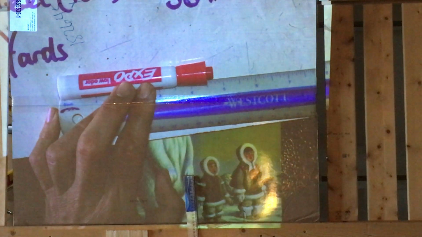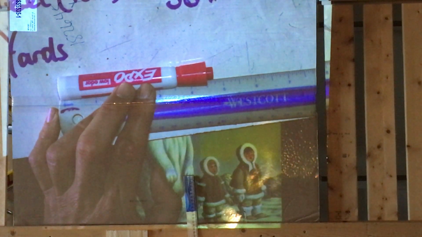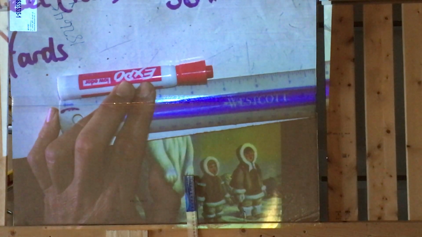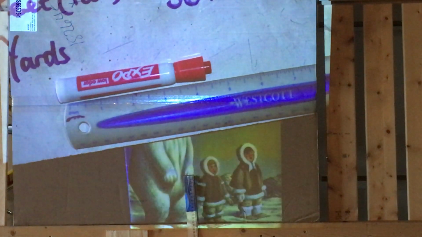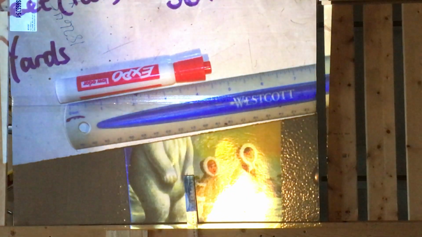So my estimate was 4.5, and my actual measurement was 4 3/4. Hey, I'm really happy with that. Do I expect you to get it right? Absolutely not. You probably won't get any of them exactly right. So you just do what you can.